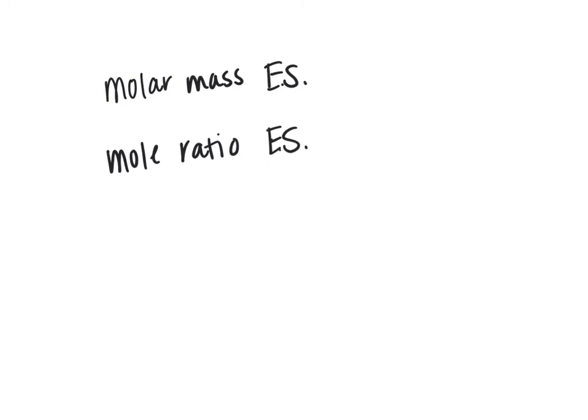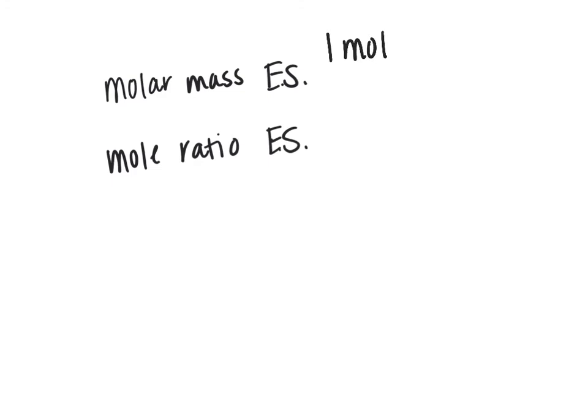The molar mass equal statement is going to be specific to each kind of substance that you have, because 1 mole of oxygen isn't going to be equal to 1 mole of carbon dioxide gram-wise. So 32 grams versus 44.01.